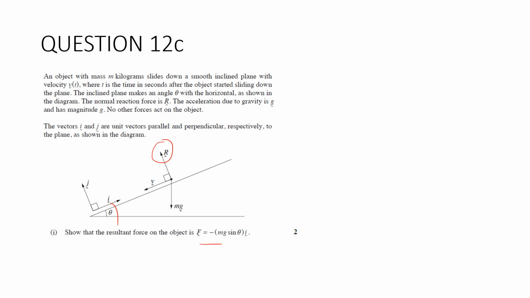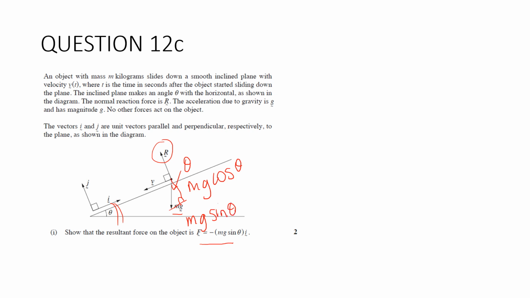Right, so let's start by drawing up this triangle and resolving this weight force. Simple trig. If this is theta, then this in here is theta. And so perpendicular to the plane we have mg cos theta, and parallel to the plane we have mg sin theta.